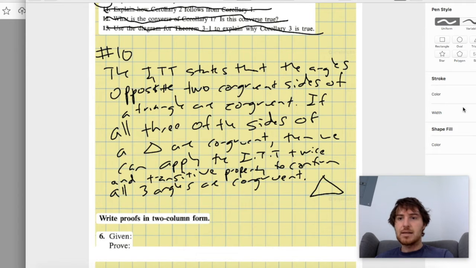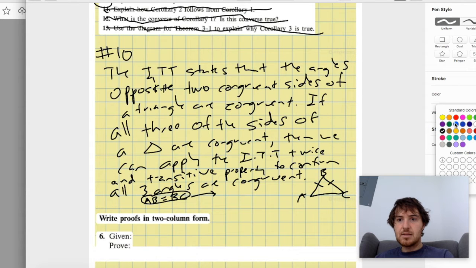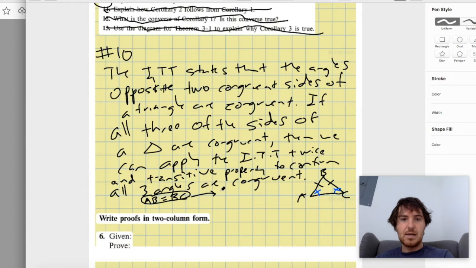If I had a triangle like this, triangle A, B, C, and it's given to me that AB equals BC, I would use ITT to prove that the opposite angles of those two sides would also have to be congruent to one another, okay? So this is ITT, right? Then I would get angle A congruent to angle C, okay? And that's the ITT right there.